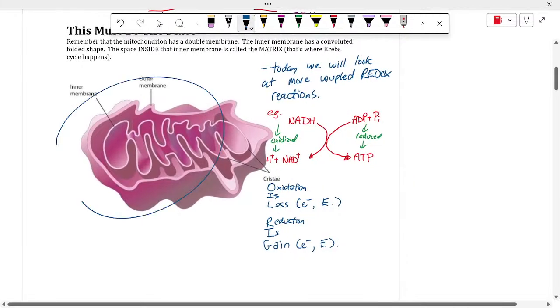And then this must be the place. What is this place? What are we looking at here, of course? Mitochondrion. And we already talked about this briefly yesterday, so I'm not going to go into too much detail, but the mitochondrion is double membraned.